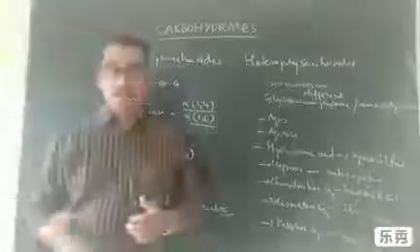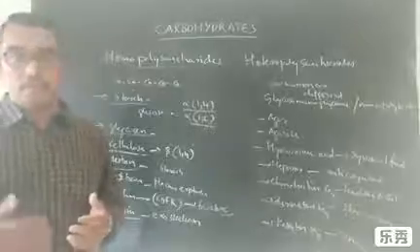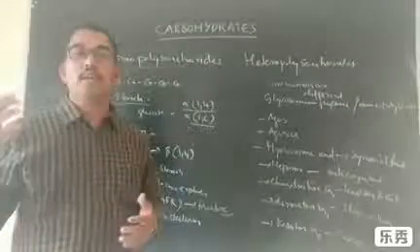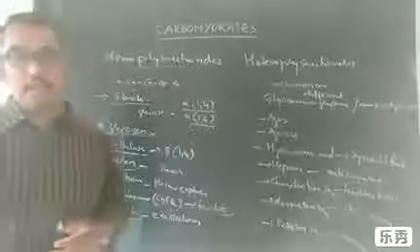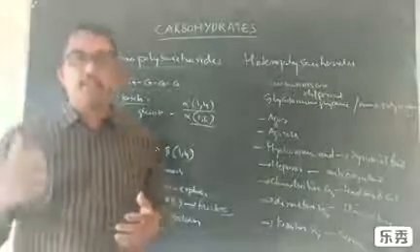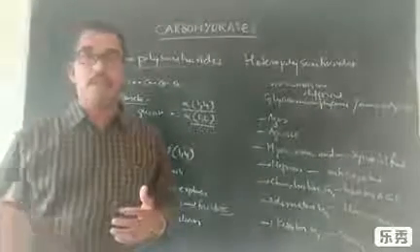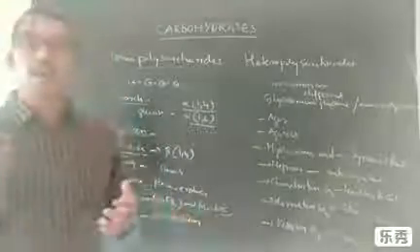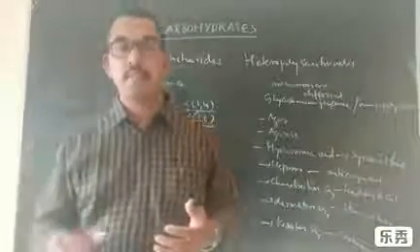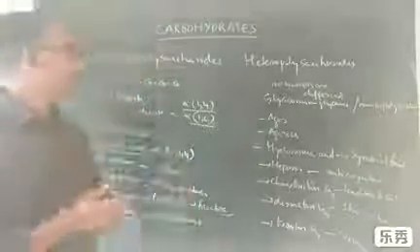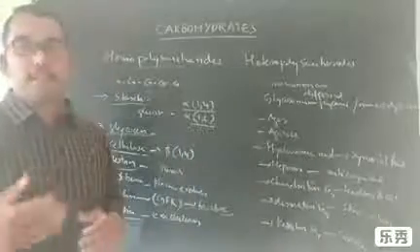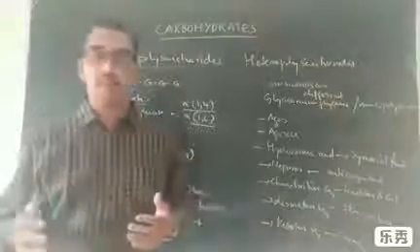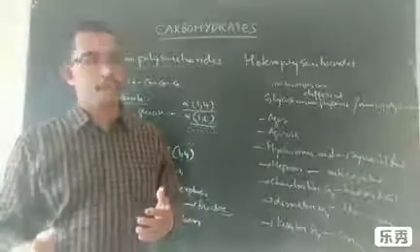Okay, so carbohydrates are classified into monosaccharides, disaccharides, oligosaccharides and polysaccharides. Monosaccharide means it is a monomeric unit. On further hydrolysis, it cannot be degraded into simpler carbohydrates. Disaccharide means it contains 2 monomeric units. Oligosaccharide means it contains 3 to 10 monomeric units.